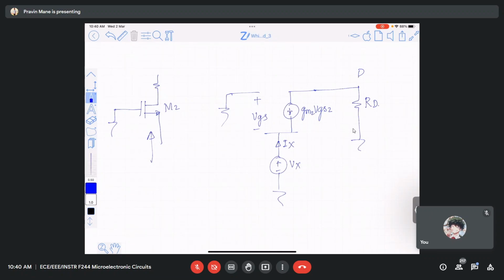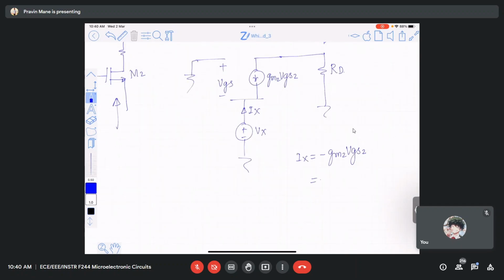Now you tell me, what is the value of Ix? Minus GM2 into VGS2, right? And what is VGS2?